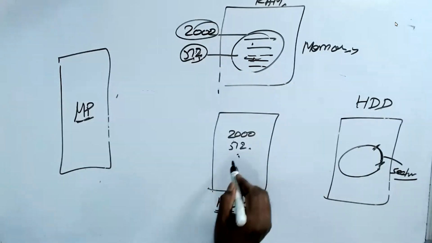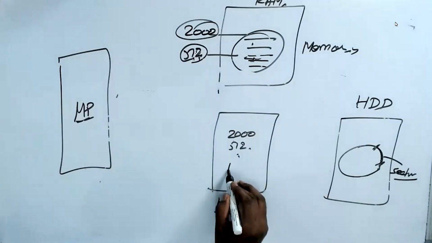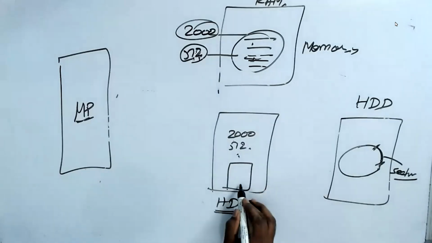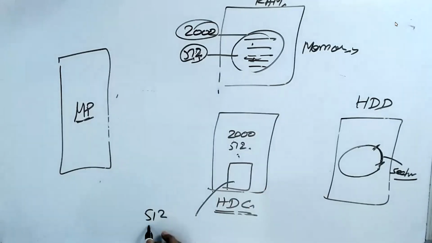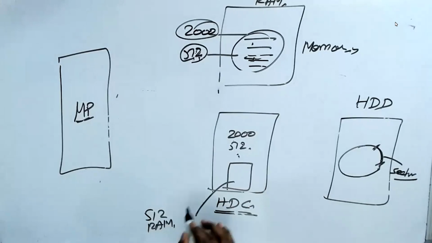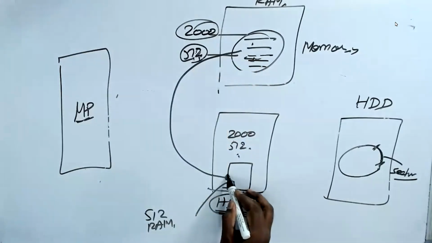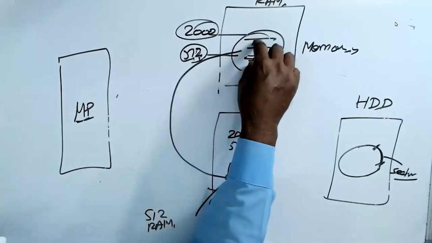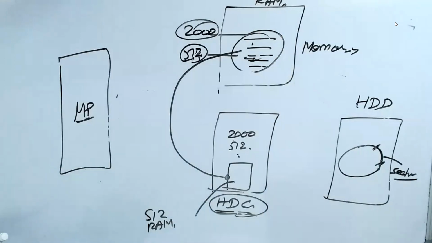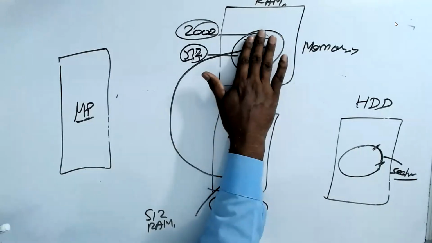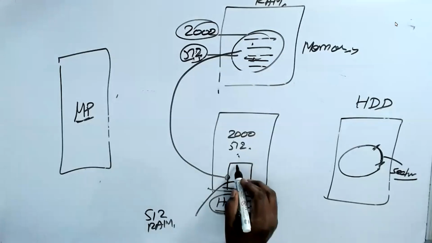What this guy will do, that's the beauty. The hard disk controller has 512 bytes of RAM internally. He will copy from here to here. Done. Now this data is free in memory, since I have copied it to my local buffer.